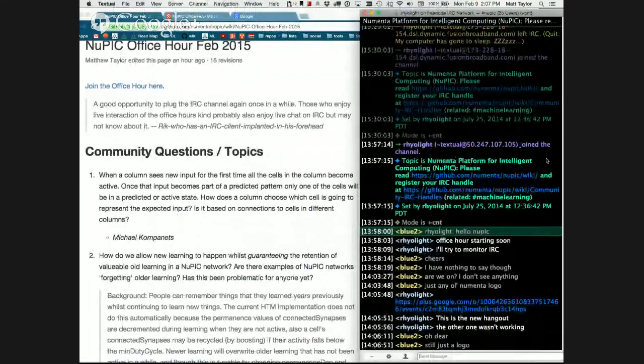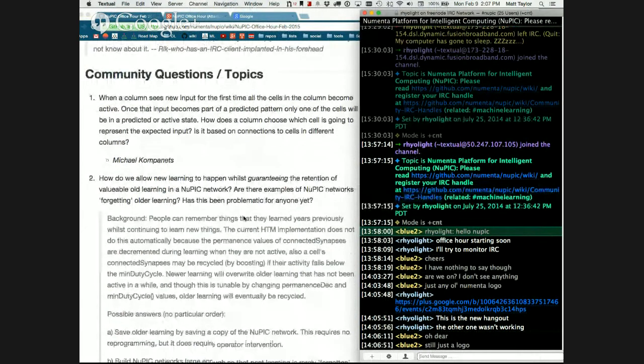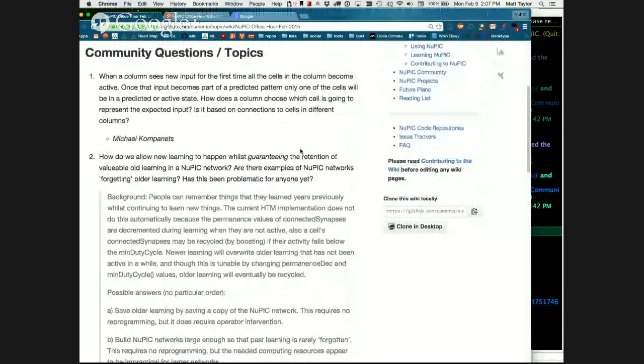Rick suggested we have the IRC window open, so hopefully, Rick, if you're seeing this, type something so we can just make sure this is all working now. But in the meantime, we have some interesting questions here. So let's just start from the top. Some of them at the bottom are pretty detailed, so we'll start from the top. Do we know there's anyone on right now? Can we tell that? Let's see.